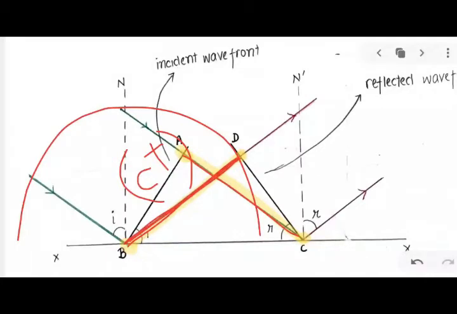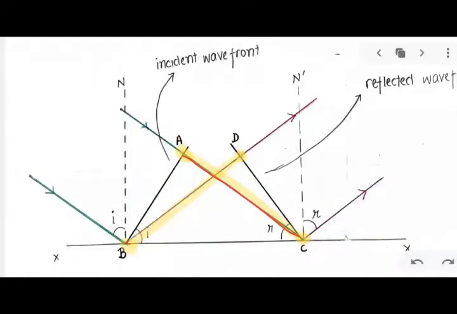This distance is the radius of the circle. So in this manner your wavefront gets reflected. Therefore I can say your surface CD is the reflected wavefront.